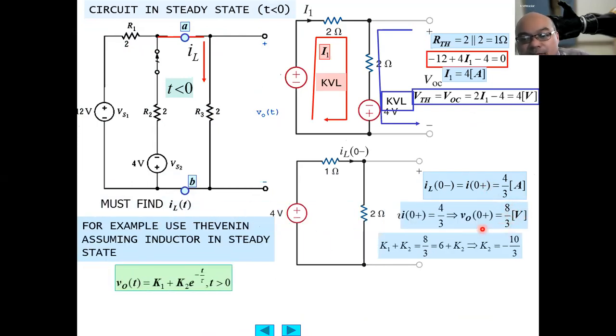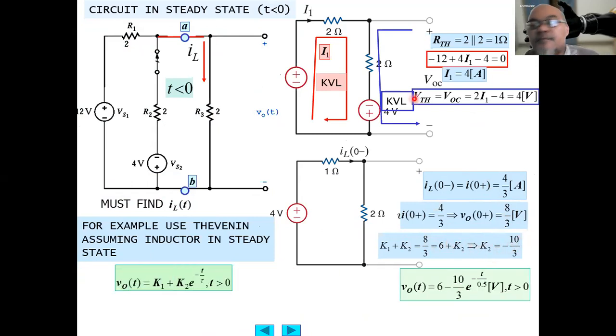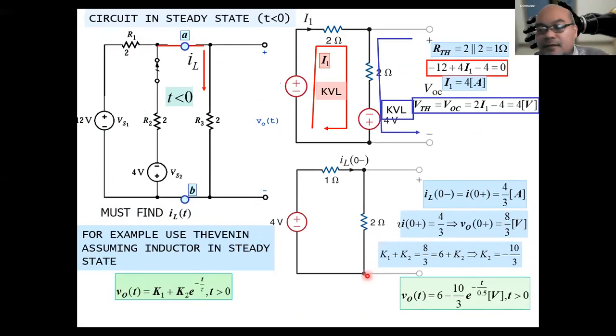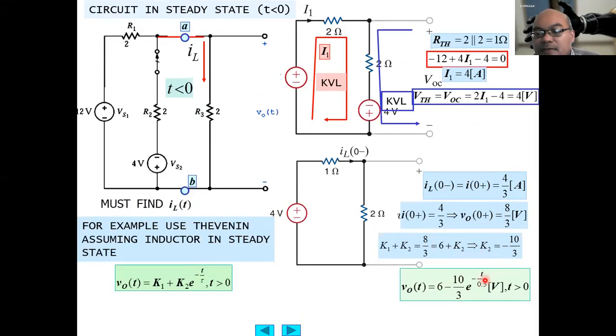K1 plus K2 equals 8/3, so 6 plus K2 equals 8/3. K2 equals negative 10/3. So the solution will be 6 minus 10/3 exponent minus t over tau, which is 0.5.